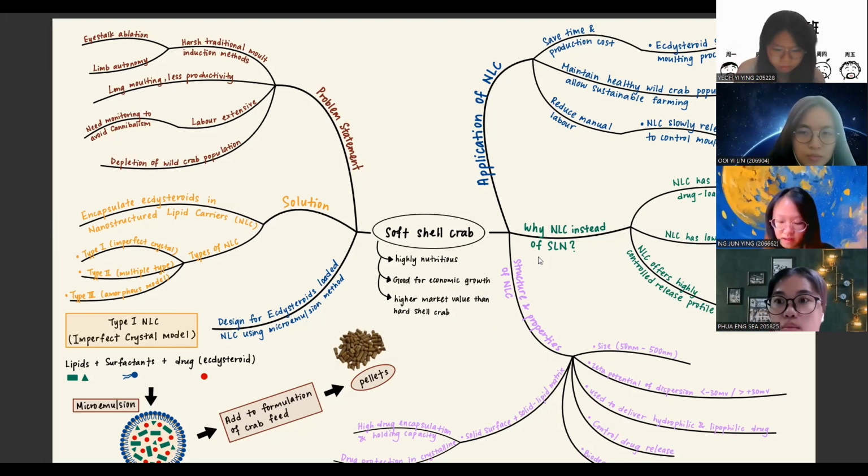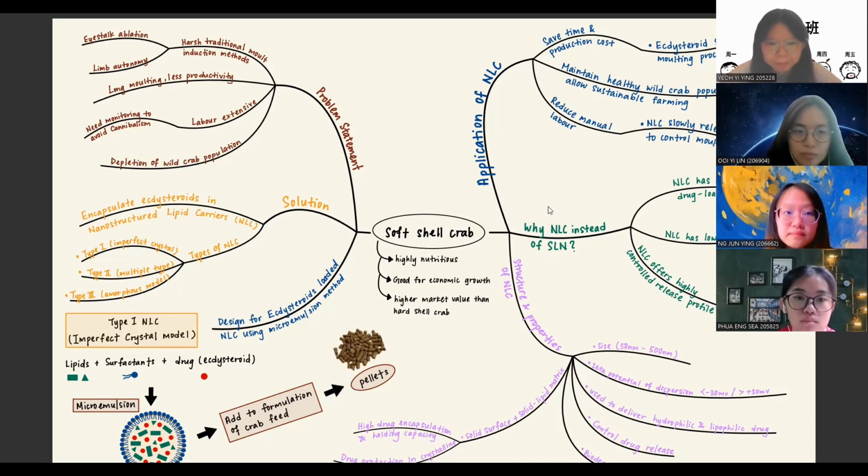This is to solve the problem that the conventional molting induction method is harsh and low in productivity. The hormones will be encapsulated into the NLC, then mixed with the crab feed formulation, and finally produced into pellet form.